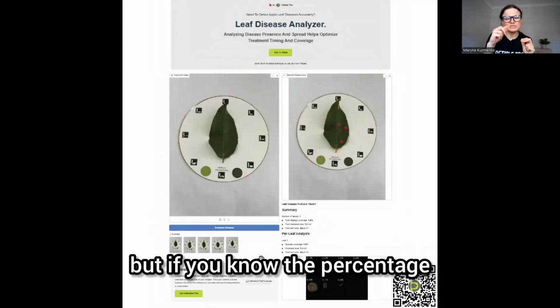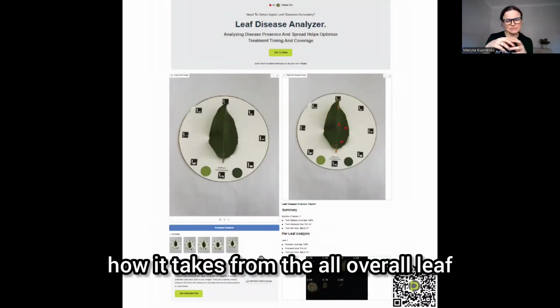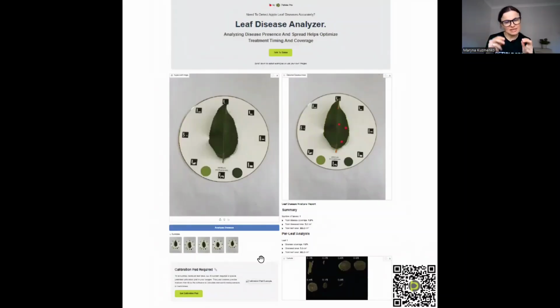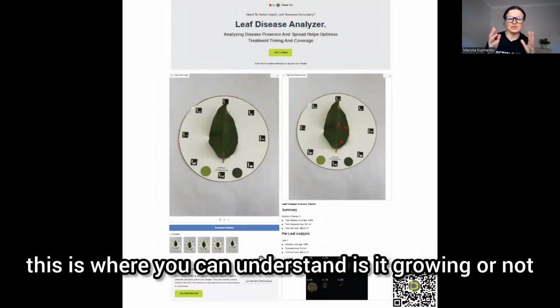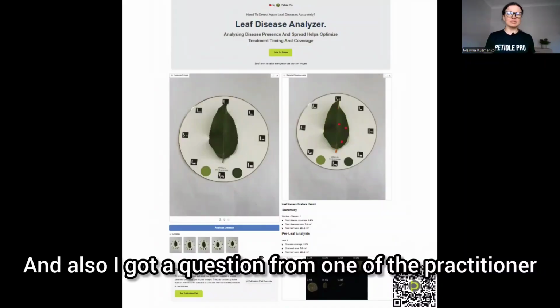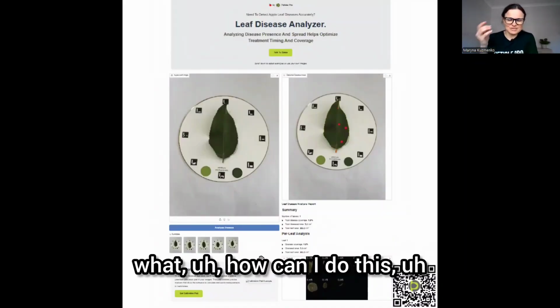But if you know the percentage they take of the overall leaf, this is where you can understand whether it is growing or not.